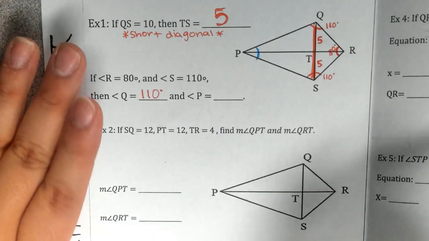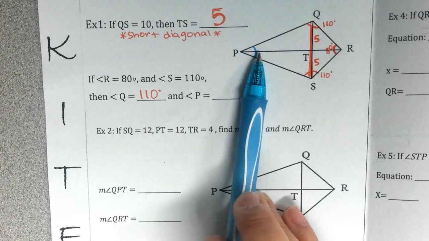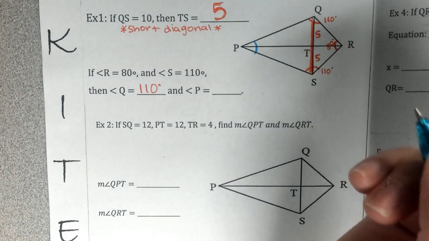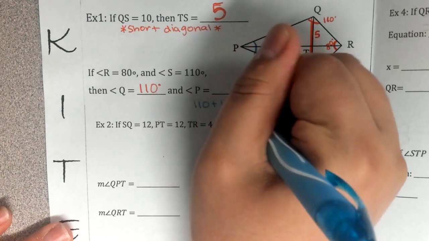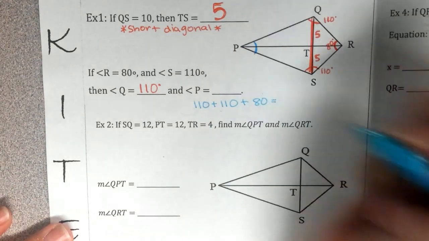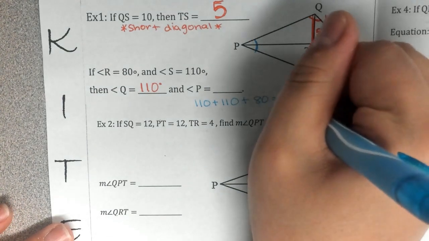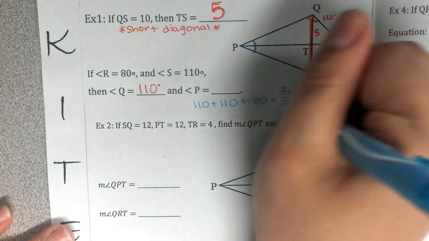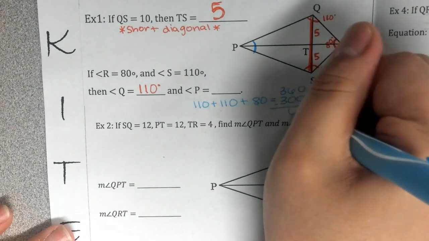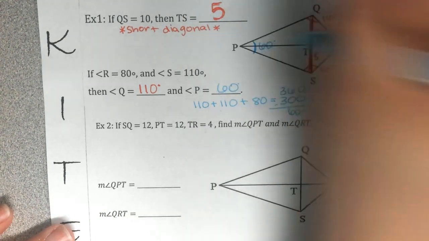So, if I know these three right here, can I figure out the fourth one? Yeah. So let's add them together and subtract from 360. So 110 plus 110 plus 80 is 300. And then subtract that from 360, what do I get? Angle P is 60 degrees.